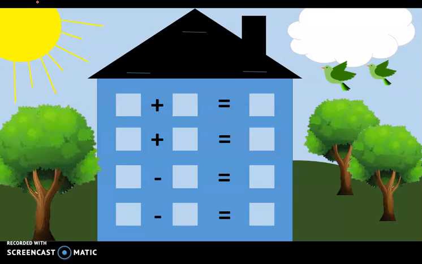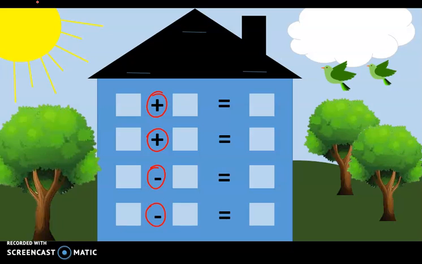How many addition? 2. That wasn't very convincing. How many addition? 2. And how many subtraction? 2. All right. So could I have 3 addition? No. Could I have 5 subtraction? No, it's 2 addition and 2 subtraction.